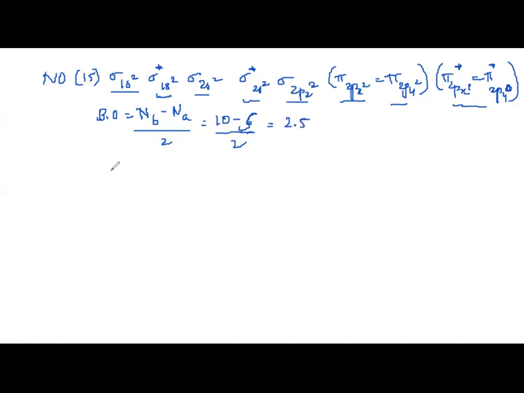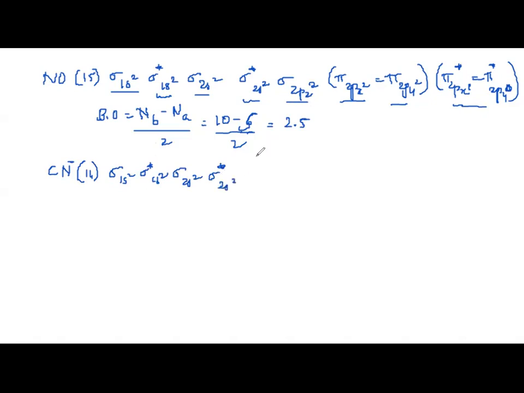Similarly, you have to calculate CN-. Carbon 6, nitrogen 7, so 6 plus 7 is 13. Minus means plus 1, so 14. Configuration: sigma 1s2, sigma star 1s2, sigma 2s2, sigma star 2s2.